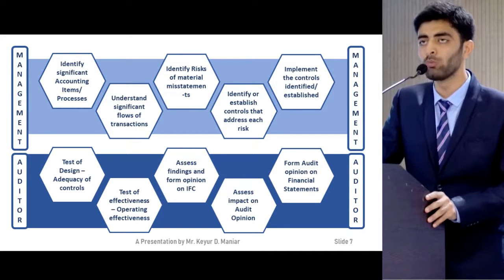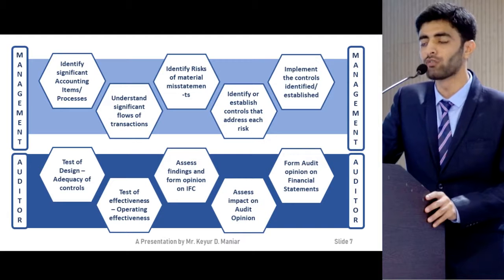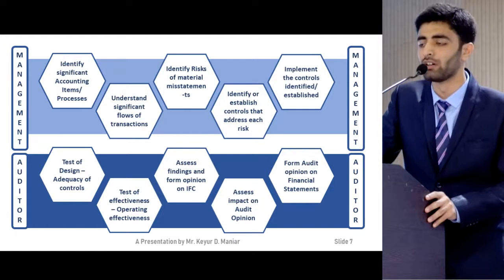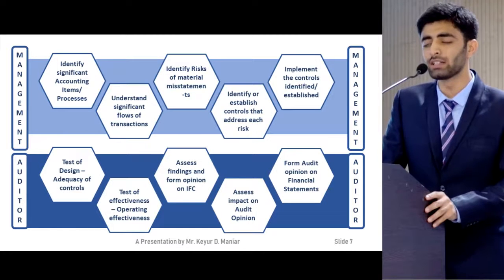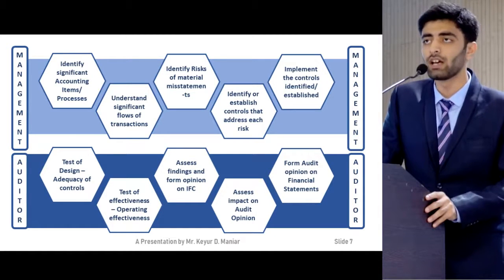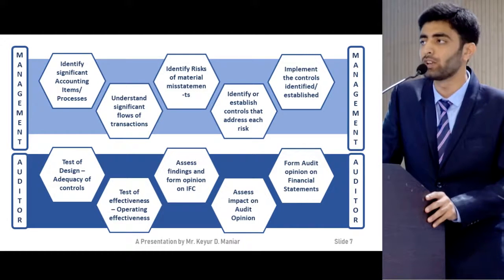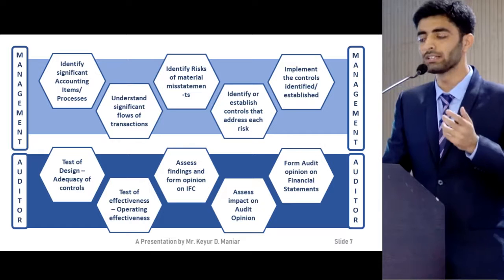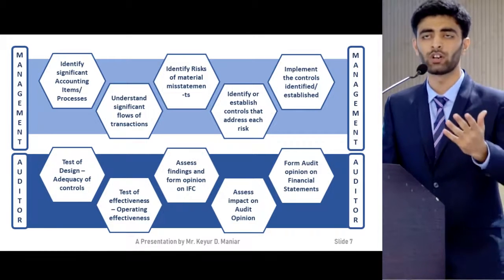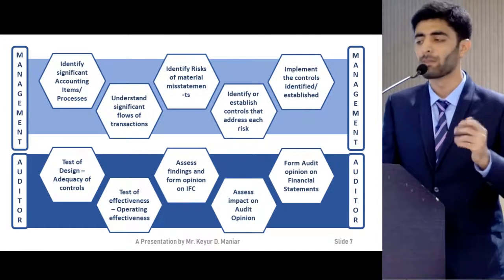So there are 2 major roles, one of the management and then of the auditor. What the management roles include are, they have to identify what are the significant items in their financial statements or what are their significant accounting processes. Next, they have to understand what are the significant flows of transactions in such processes.